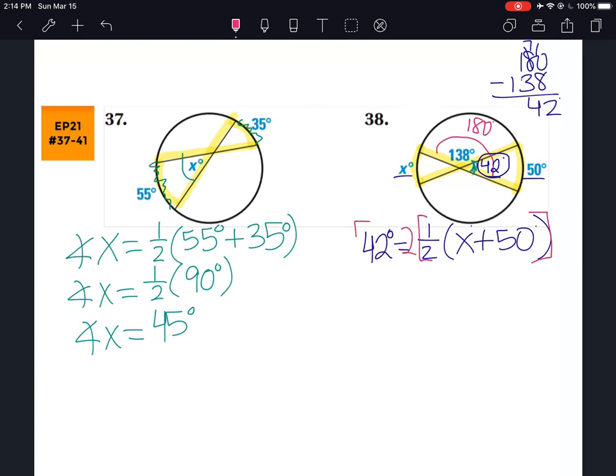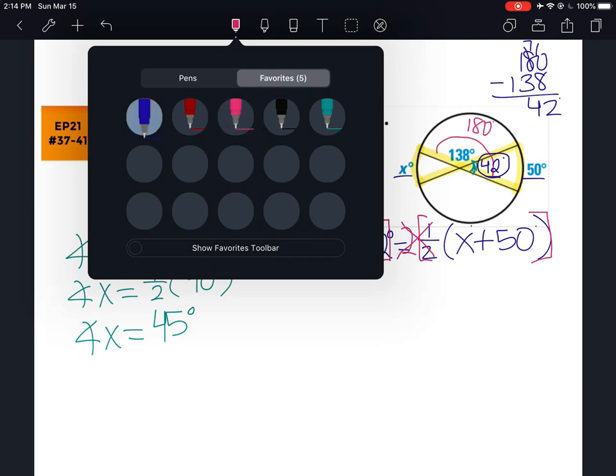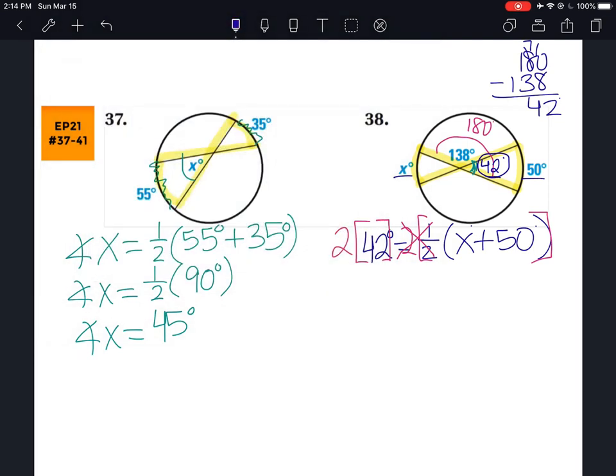The reciprocal is 2. But don't forget, whatever you do to the right, you must do to the left. On the right side, 2 times 1/2 times a binomial just simplifies into the binomial. This is true because 2 and 1/2 are reciprocals of each other.